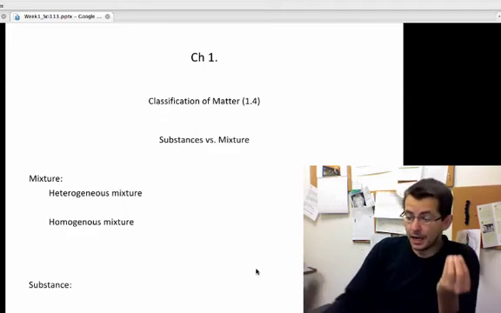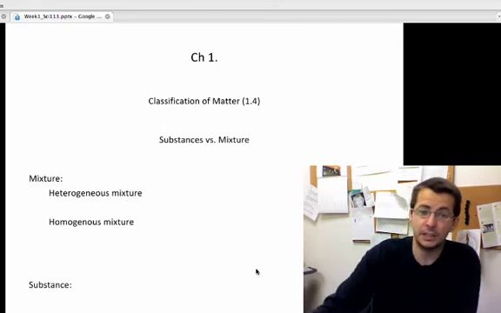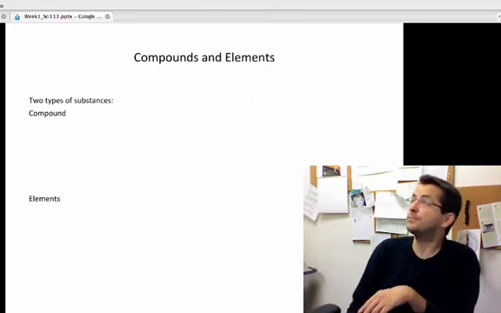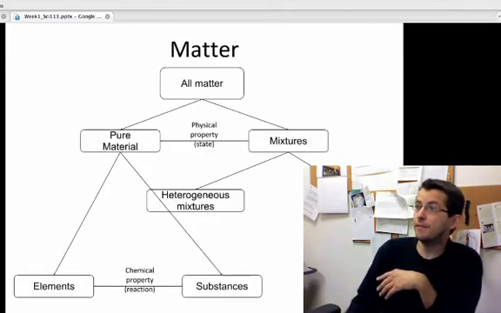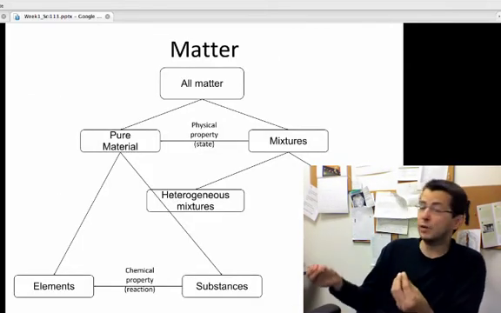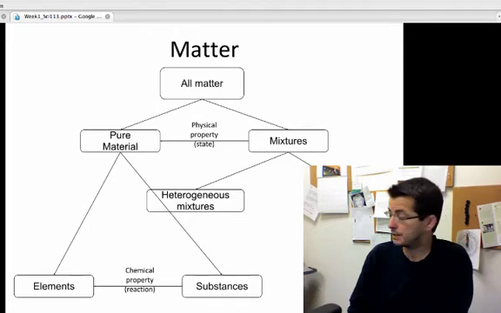So with heterogeneous mixtures or homogeneous mixtures, you can use the physical properties to separate them into their components.